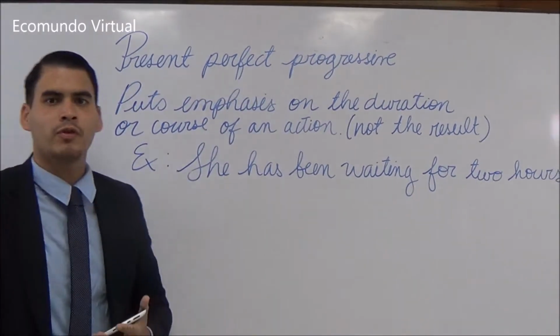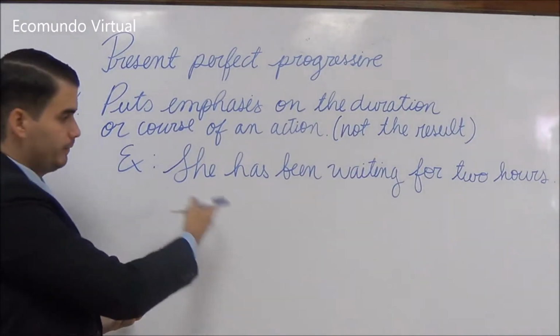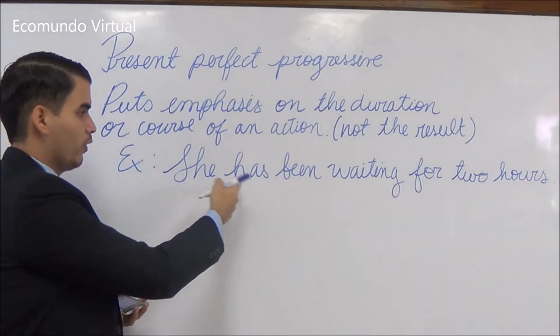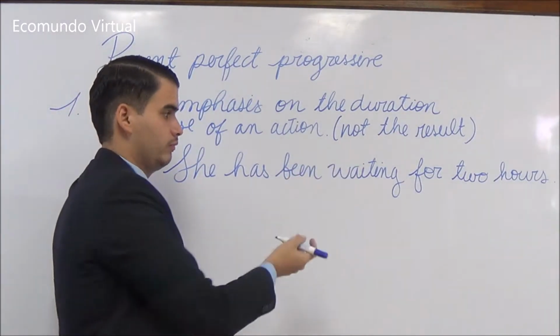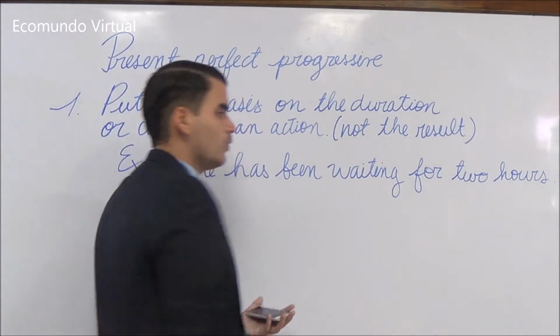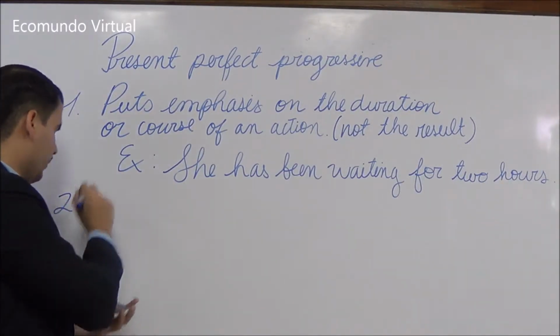She has been waiting for 2 hours. So, here we have subject, the auxiliary verb, has or have, been, and the action with the ing. So, this is rule number 1.